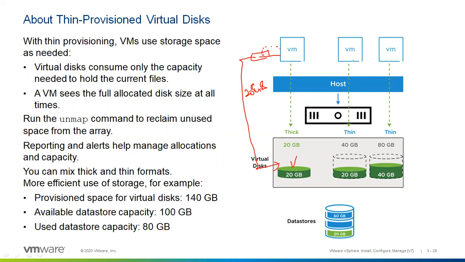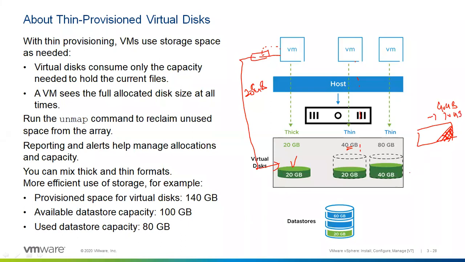Let's take this, it will give you a better understanding. Here a 40 GB disk is being created, and this 40 GB is just a logical consumption. Logical means it will only zero out the part of the disk that is actually being used. For example, out of 40 GB, it actually used 20 GB.